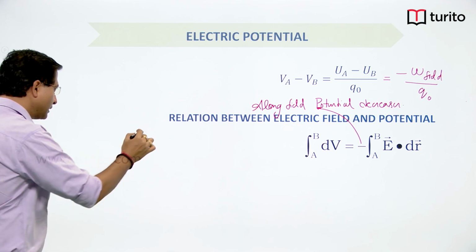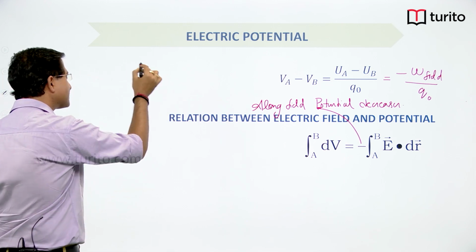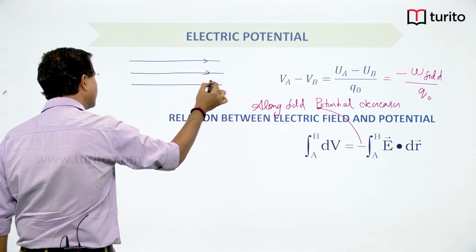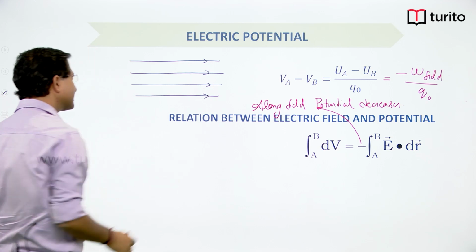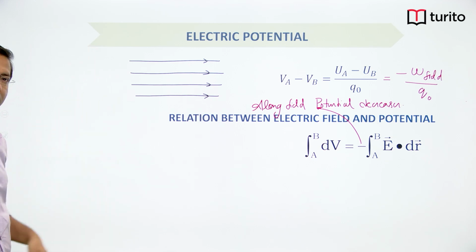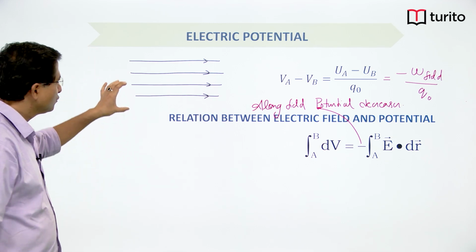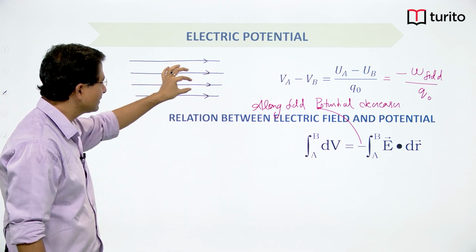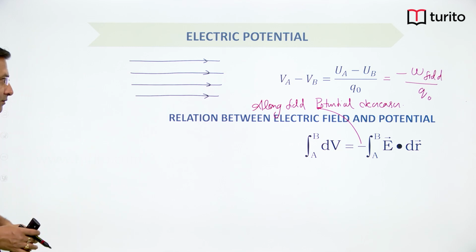Now, let us first take this. In the last class I told you this is called uniform electric field, right. As the gap between lines is not changing, this is called uniform electric field.